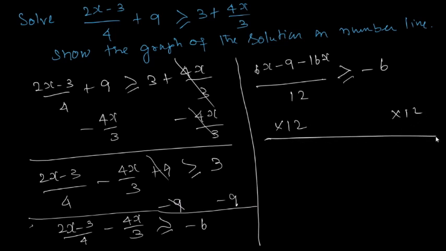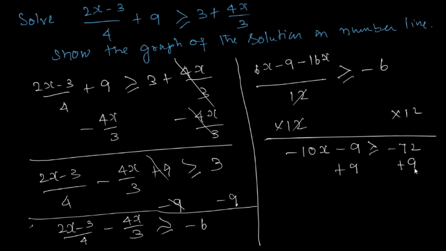So it becomes, the 12 can be cancelled here, so that you get 6x minus 16x, that becomes minus 10x. Therefore minus 10x, and you have minus 9 greater than or equal to how much? Minus 72.